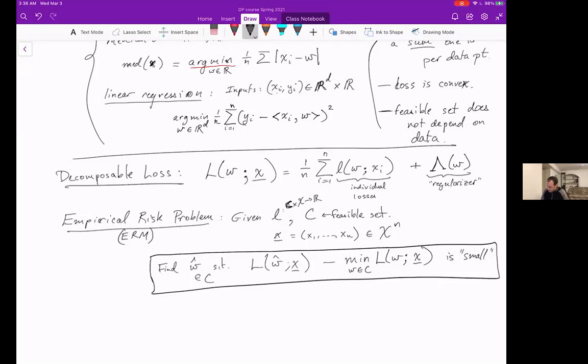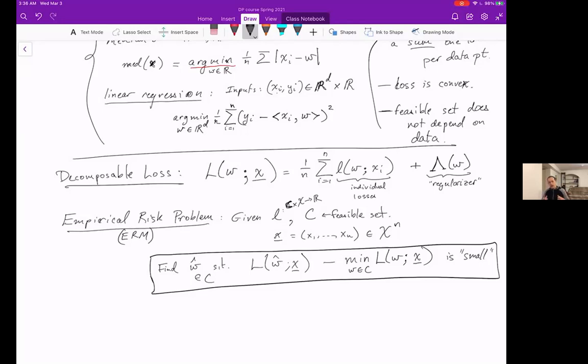So in some sense, this is a special case of the big family of selection problems we saw with the exponential mechanism. Because you could think of this, just like with that selection setup, there was some set of items we cared about. That would be the feasible set, and we wanted to find the best one among them according to some score function. And this is like the loss function is like a negative score function.